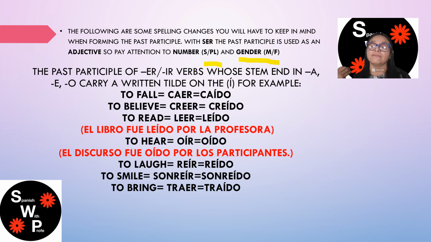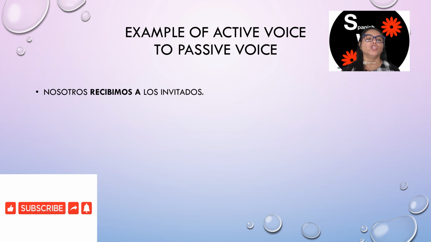Ejemplos de la voz activa a la voz pasiva. Nosotros recibimos a los invitados. En español es fácil de detectar the person not doing the action by following the a.